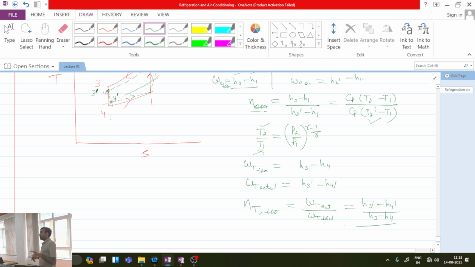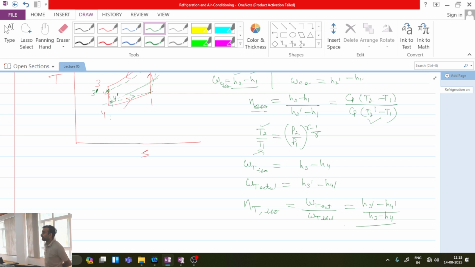Now can you tell me why we reverse this isentropic efficiency as actual by ideal in case of turbine? You have to now note down two important statements. Work consuming device consumes least amount of work during the ideal reversible process, whereas work producing device produces the highest amount of work during the ideal reversible process.